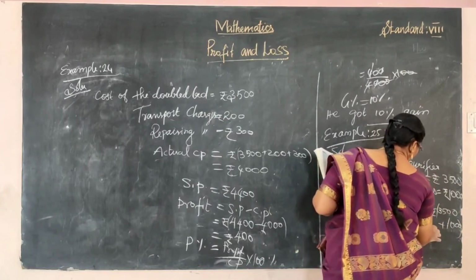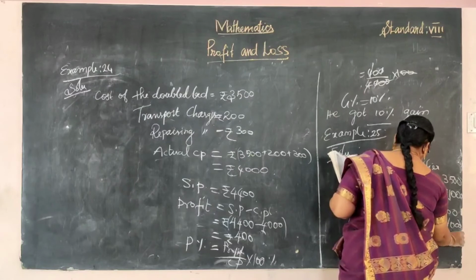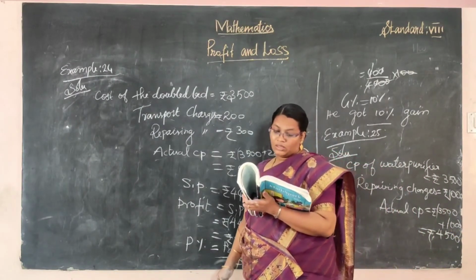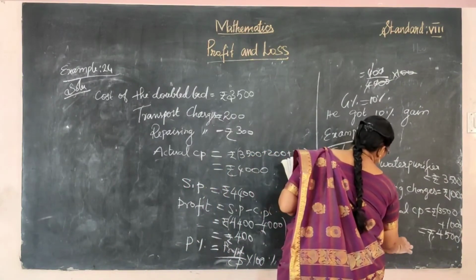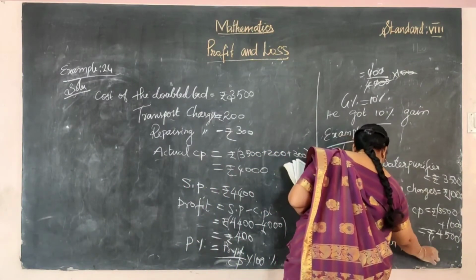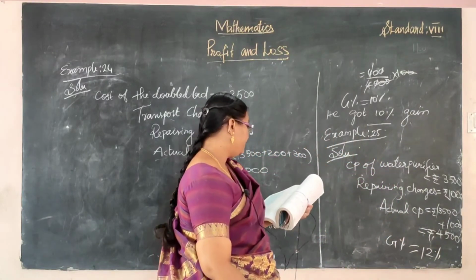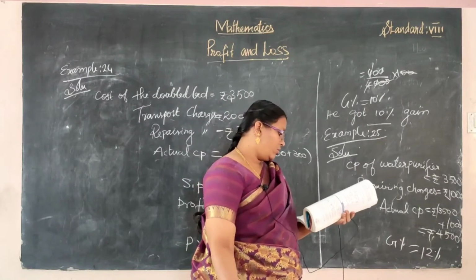So total cost price is rupees 4,500. Okay, now the gain percentage is also given. The gain percentage is equal to 12%. Now we know that the gain percentage value and amount also.